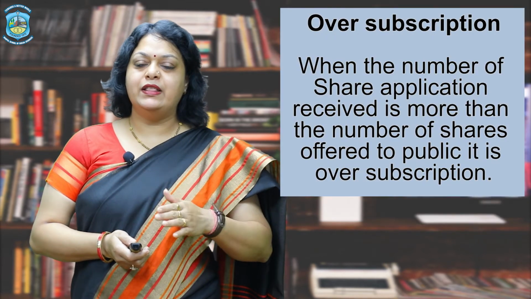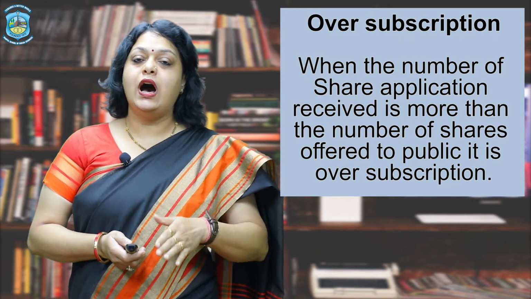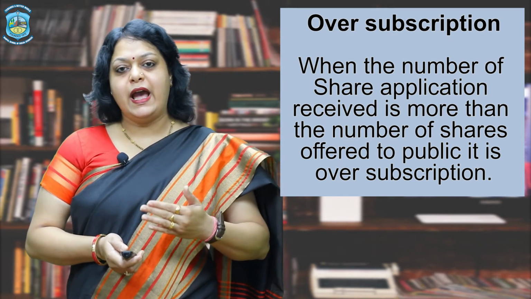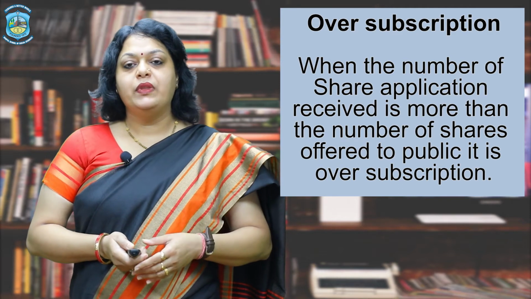This is the condition when the number of shares issued is less and the applications received are more than the shares issued. Then, in this case of allotment, whenever the company has oversubscription of shares, a letter of regret and a refund of money is given by the company.